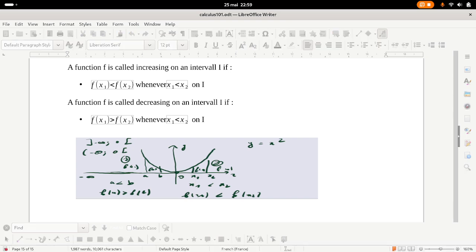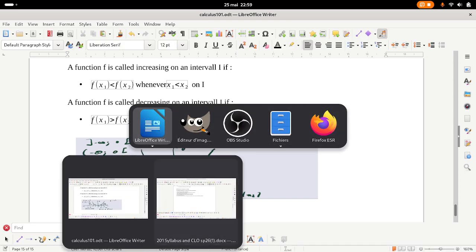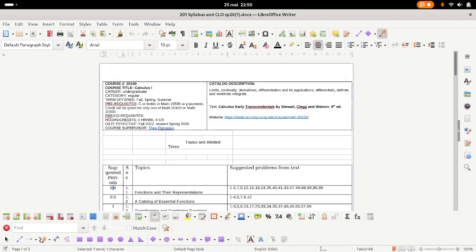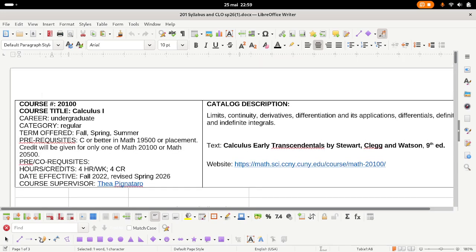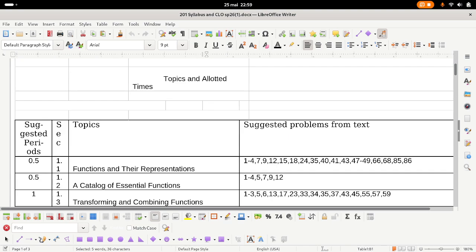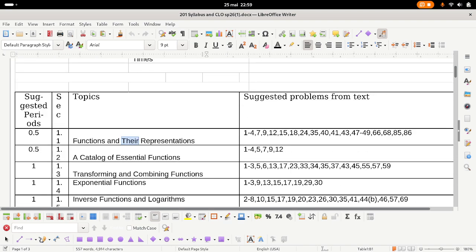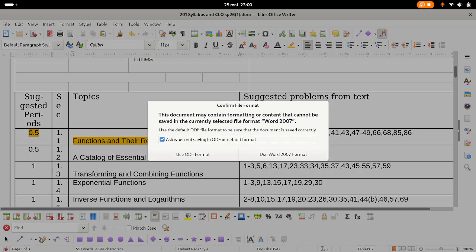I have the official syllabus of CCNY University Calculus 1, the same textbook we study, Stewart early transcendentals, and function representation we just finished. It took us 7 months, and in the university they do it in half a day. But we are not in a rush. We are here to understand.